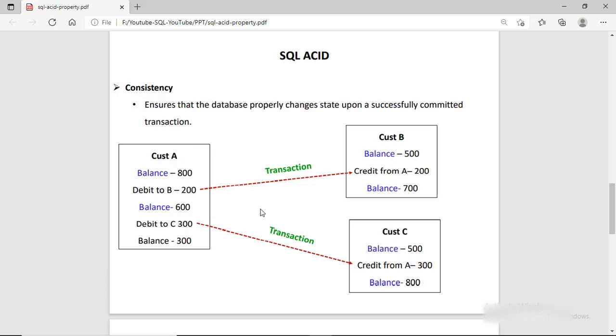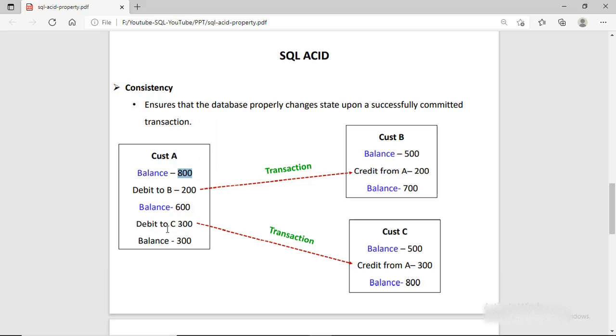So it says the change in the database must be consistent. Again, customer A transfers 300 rupees to customer C. The balance is 600 for this second transaction, so this is the visible amount, not the earlier one, because of the consistent change in database state.